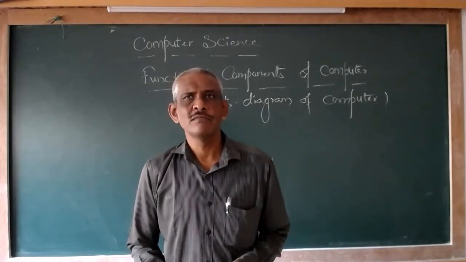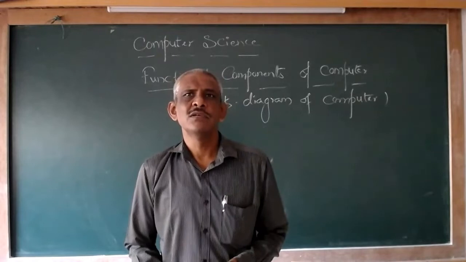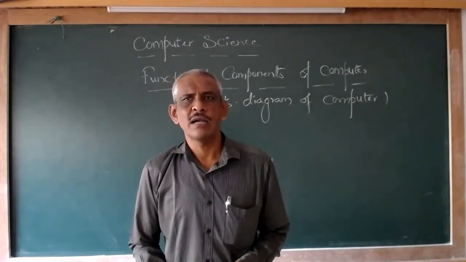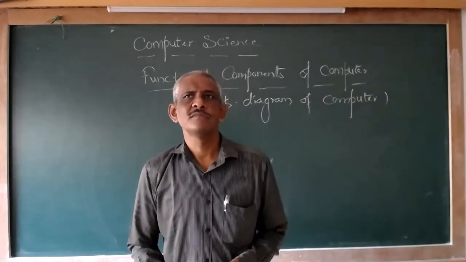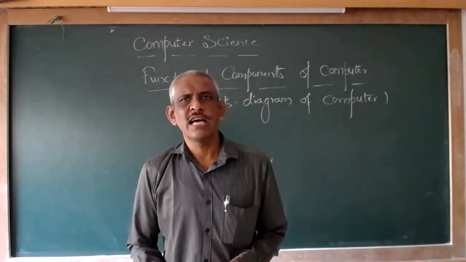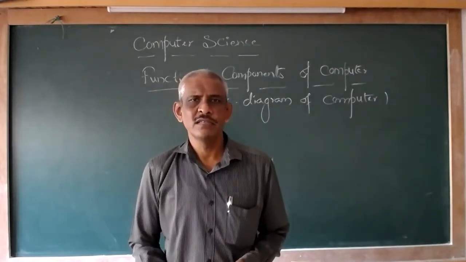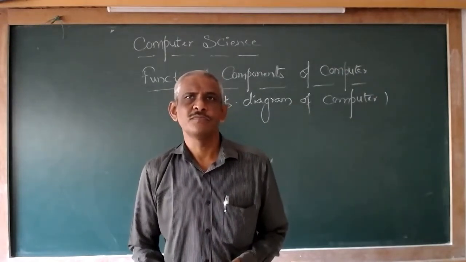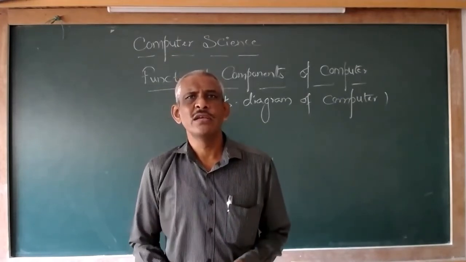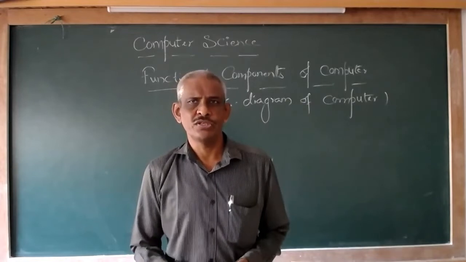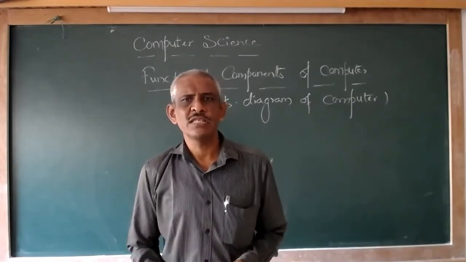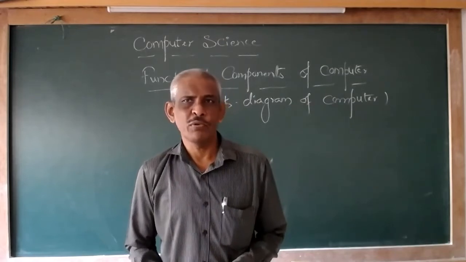The third, it processes the instructions or data. Once the data is processed, it generates information. Using that information, you can communicate. These are the functions done by a computer.